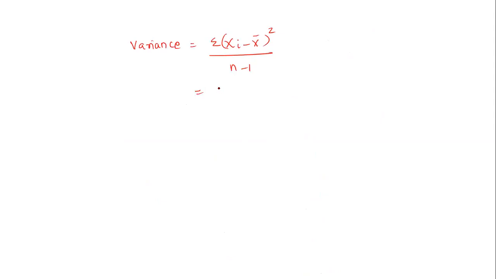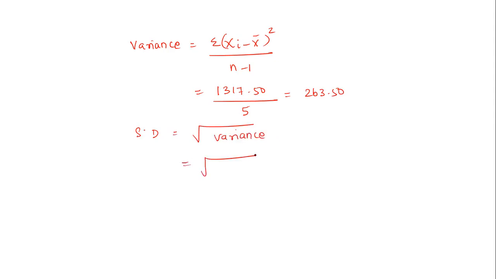So it is 1317.50 divided by 5, and the value is 263.50. The standard deviation is nothing but the root of variance. When you calculate the root of 263.50, you get 16.2. So this is the standard deviation for the given data samples.